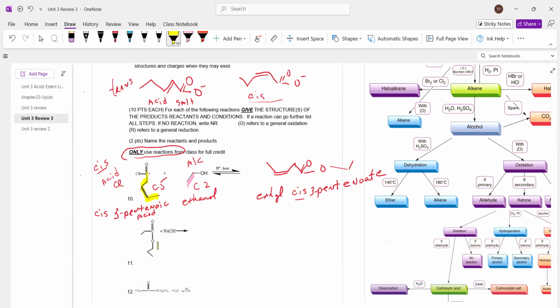Going on to the next one here. This is the primary backbone on the acid side. The alcohol side is here. And we're going to saponify it. In other words, we're going to hydrolyze this in an alkaline or basic environment. Okay, so we've got a 3-carbon acid. So let's name that.